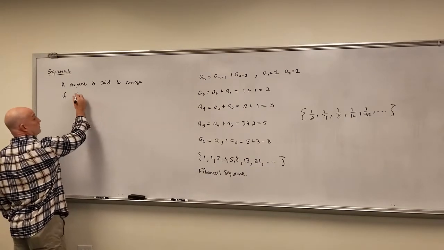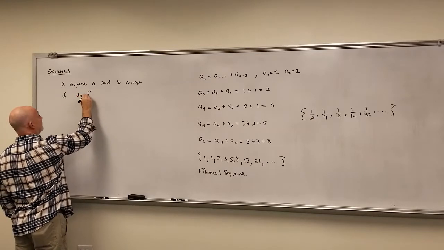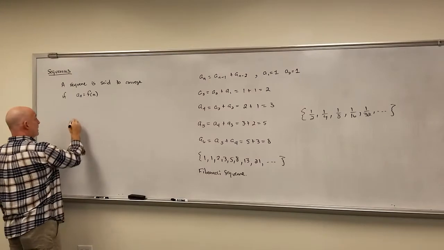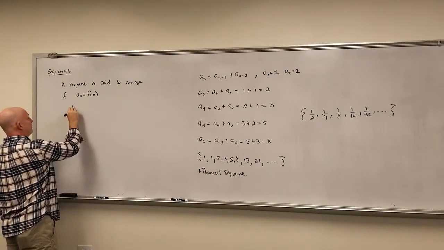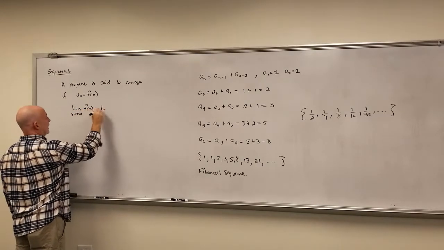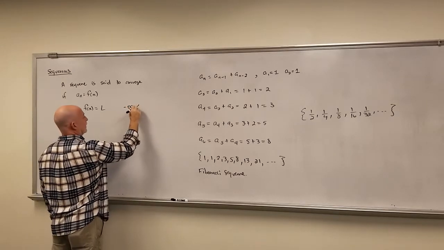Let's say that we have our a sub n is some f of n, right? That our a sub n is some function of n. If the limit as x goes to infinity of f of x is equal to L, and I'll describe what L is to be.